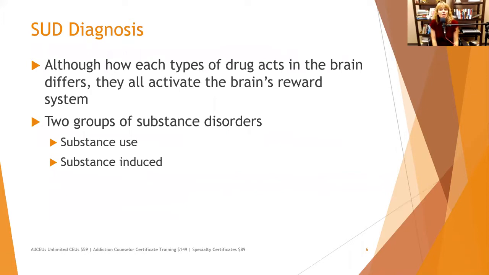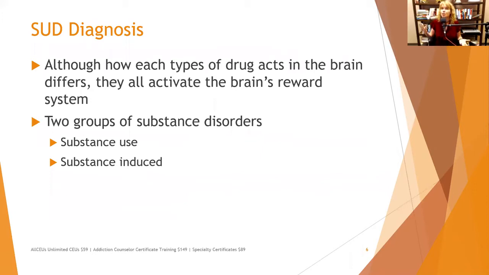Two groups of substance disorders that you need to be aware of. Substance use disorders, which are what we typically think of as addiction, substance intoxication, withdrawal, tolerance, yada, yada. And substance-induced disorders. Sometimes when you take a substance, it can cause hallucinations, it can cause anxiety, it can cause depression.